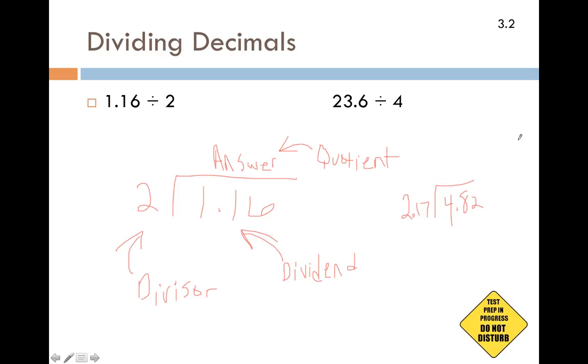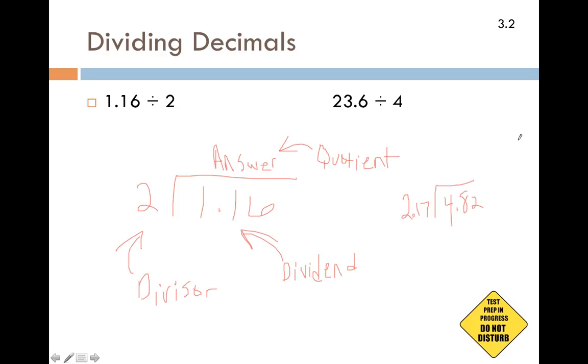And we must move the decimal in the dividend the same amount of times we moved the decimal in the divisor.